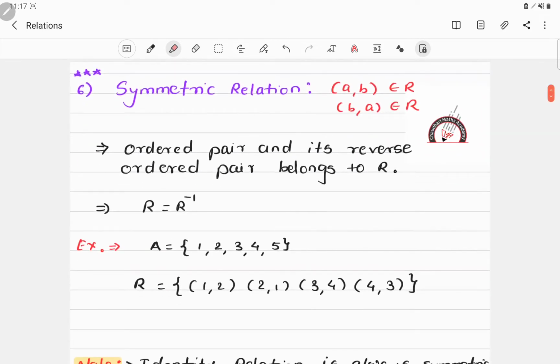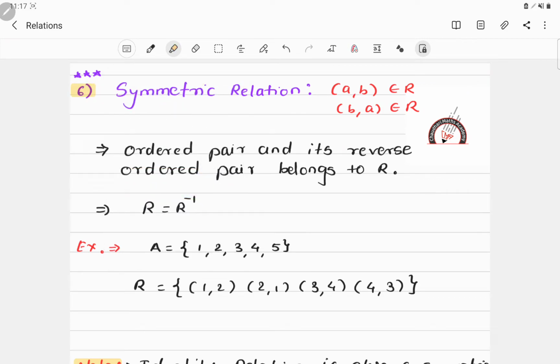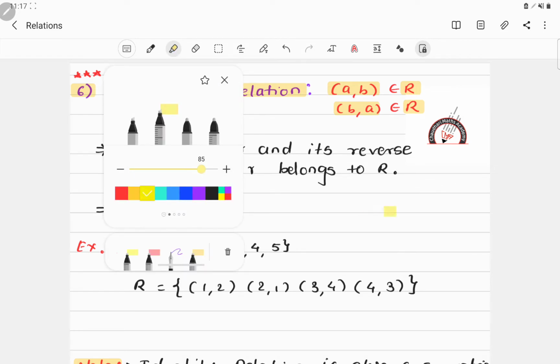Okay, let's switch over to this very important type number 6. Mark this as very important: symmetric relation. So what is a symmetric relation? Let's say the ordered pair (a, b) belongs to the relation R. Then the reverse ordered pair (b, a) also belongs to the same relation R. Then it is called a symmetric relation.